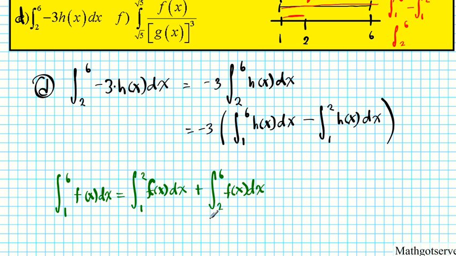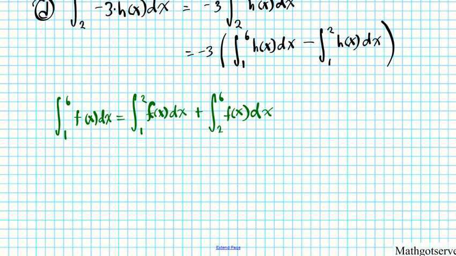If I wanted to find just this piece right here, what do I do? I'll subtract this integral from both sides, right? So I just subtract the antiderivative from 1 to 2 of f of x dx from both sides.